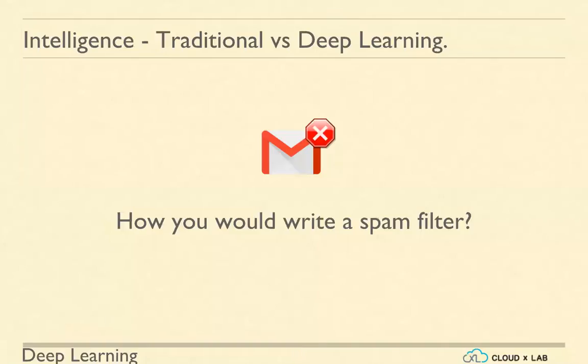What is a spam filter? It separates between two kinds of emails. One which is useful emails, the other which are just spam, as in bulk emails. So how do you write a spam filter? Okay, so spam or ham. Ham is something opposite of spam.